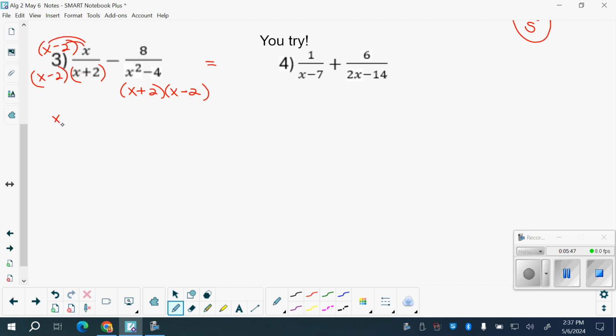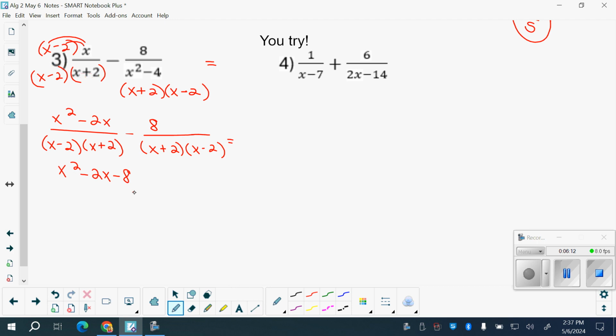So we get x squared minus 2x over x minus 2 times x plus 2 minus 8 over x plus 2 times x minus 2. And so now we're just going to make it one expression. So that would be x squared minus 2x minus 8, right? Does that make sense?